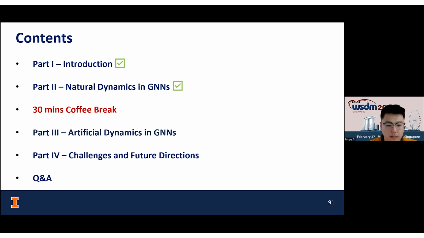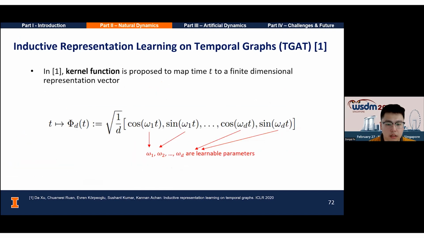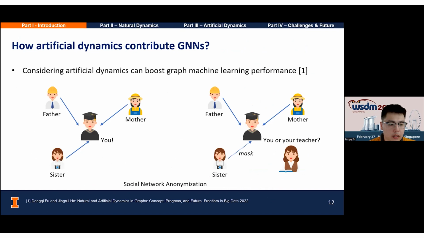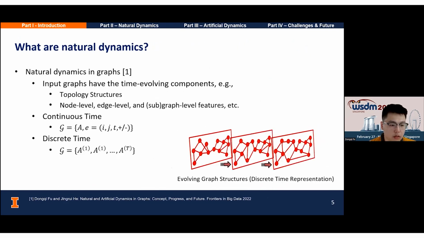So the first question you are mentioning is, if we have newly inserted nodes, how do we deal with this scenario? The answer here is that we have the time representation for discrete time or continuous time. For discrete time, we have a snapshot at each time step.